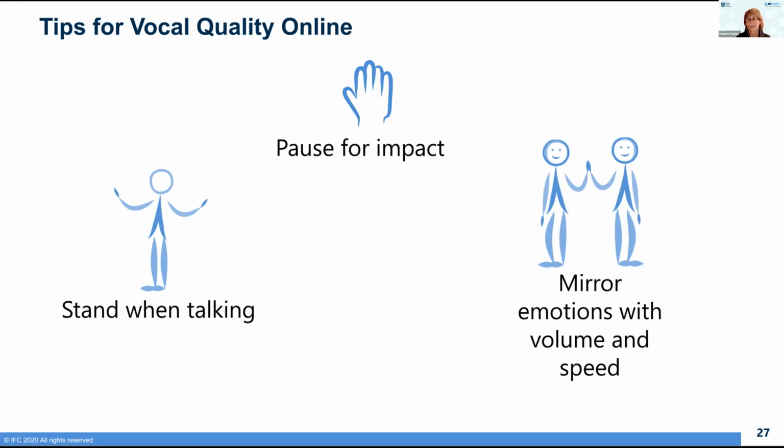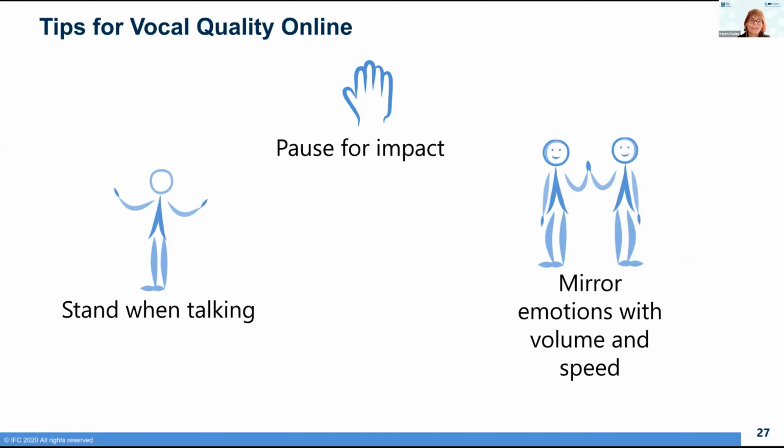And as for stories that are emotional or sad, the volume should decrease and take a softer tone. And if you're trying to show excitement, talk a little bit faster. And if you're trying to convey boredom, talk a little slower. So you see how that affects the emotion.